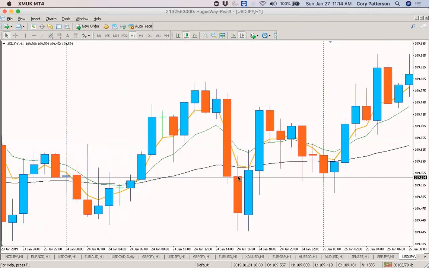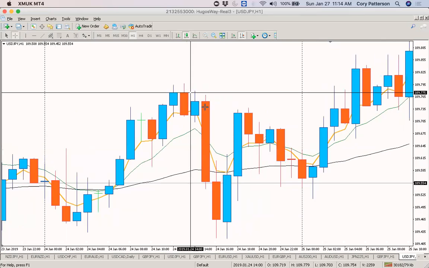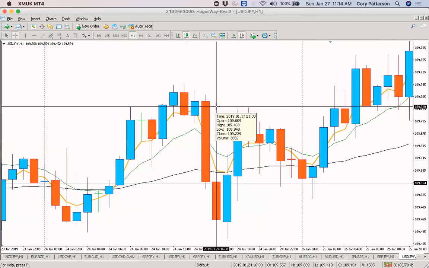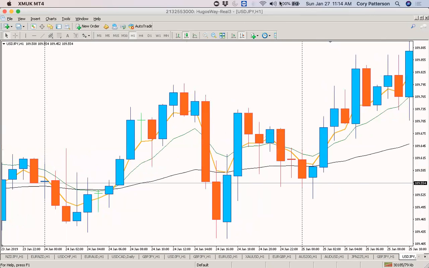In this case, the candle opened at this hour, which is 1600 GMT, here at the top. It went up to this extreme, then came down to this extreme, and then closed right here. So that represents that particular hour, the price action within that hour.